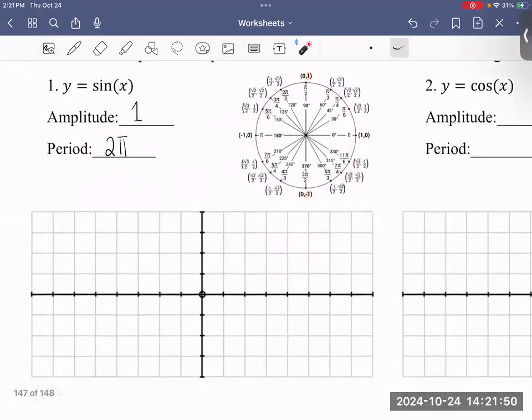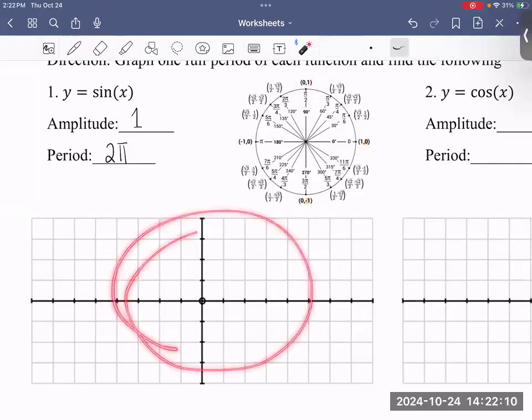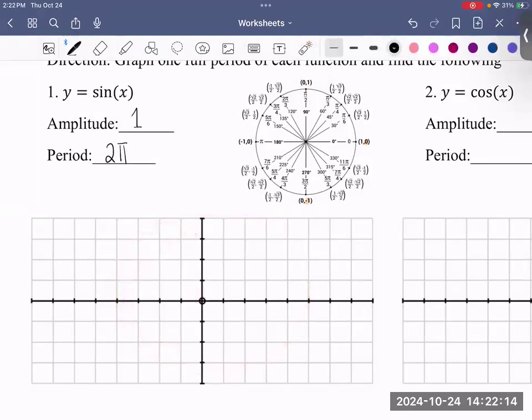So now when we go to graph your first period, we're going to be taking these y values. Notice that your first y value here, we're starting at 0. And when we transfer it onto the coordinate plane, we're still working with 0, 0 here. So our first value here is at 0.